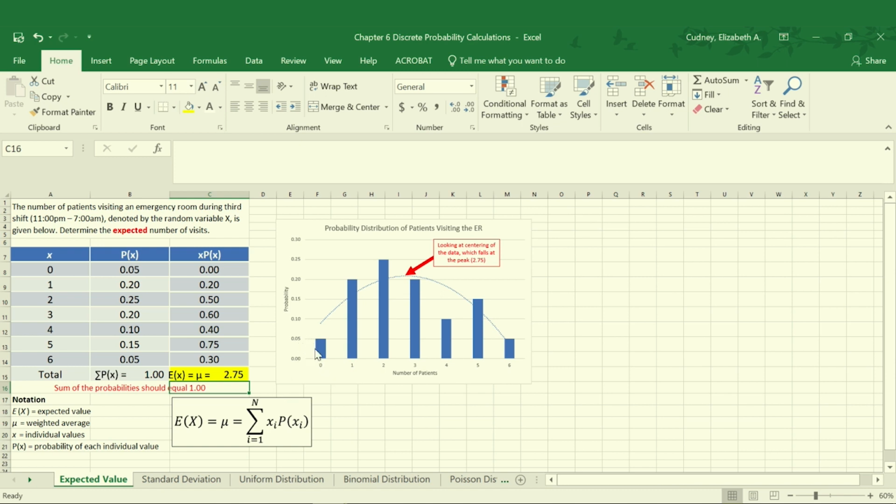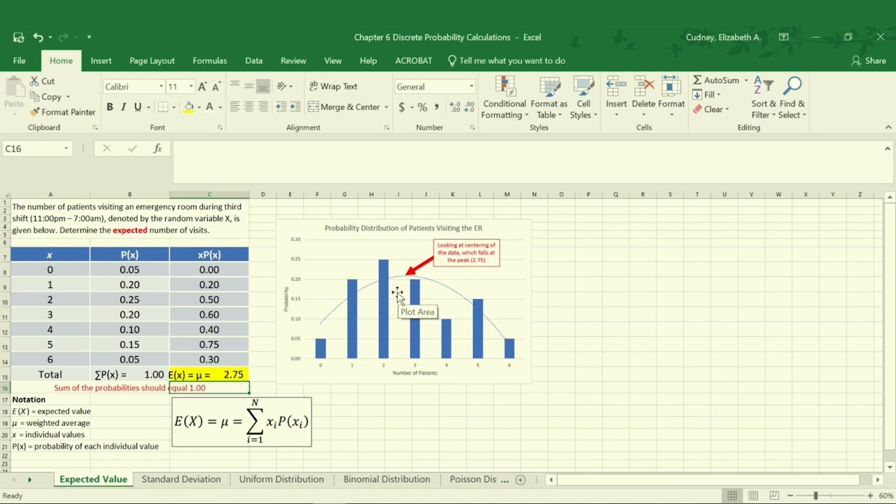What I would also want to do is pair that information with a graph. So with our bar chart, we can look at our number of patients and see really where the spread of our data is, how spread out it is, and where our average is. Based on our calculation, we expect 2.75, which is about the peak of our curve, to come at any given third shift.